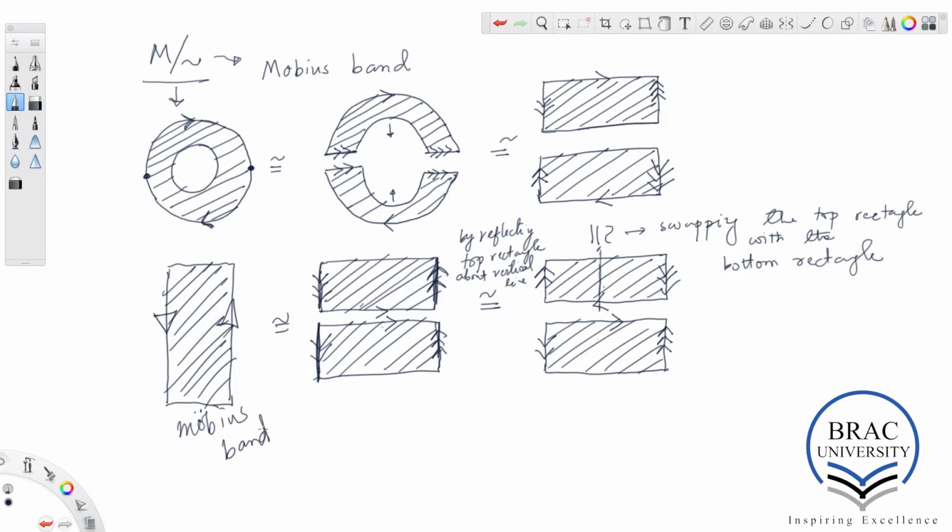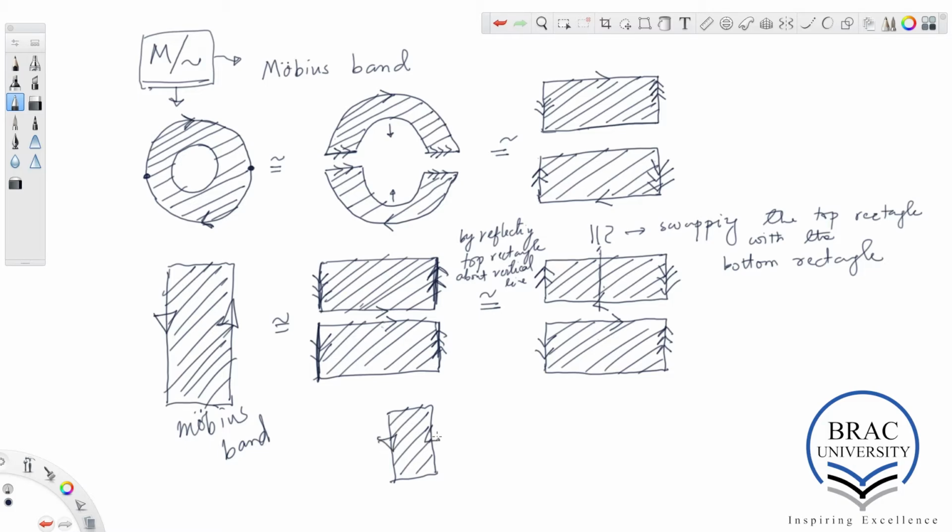Okay, so what we have found is that this guy, the annulus, modded out by the equivalence relation of identification of the antipodal points along its boundary, is nothing but the Mobius band, right? And what it means is that if we take this Mobius band, whose boundary is homeomorphic to a circle, right?